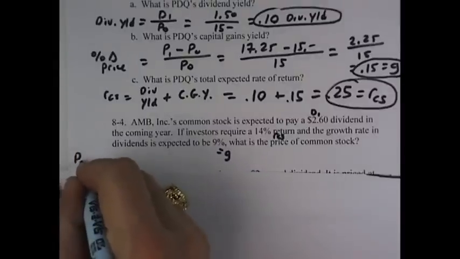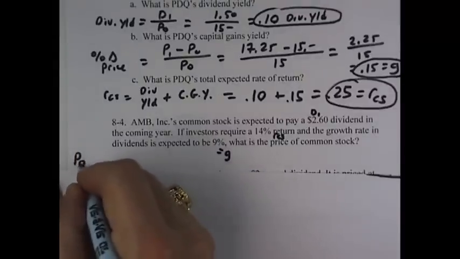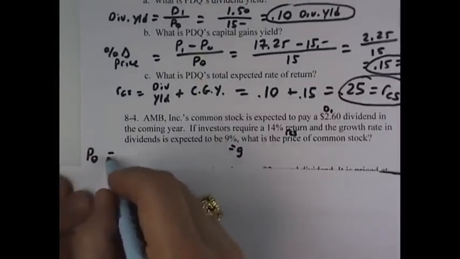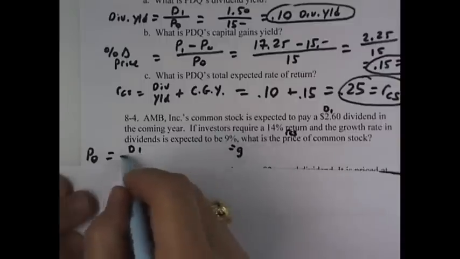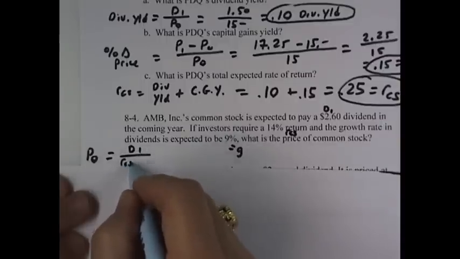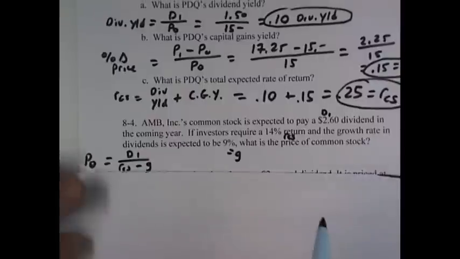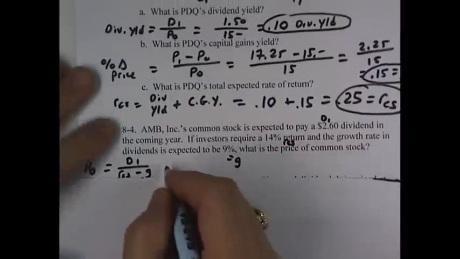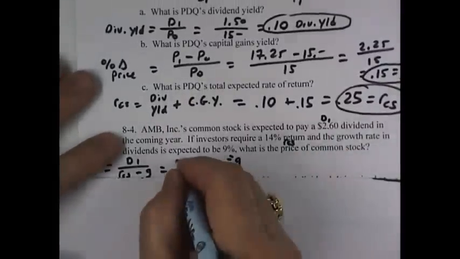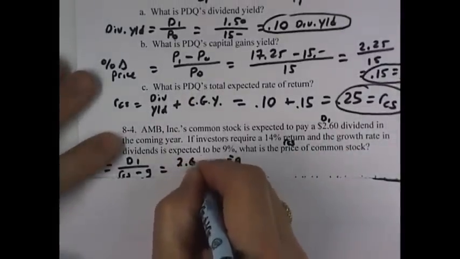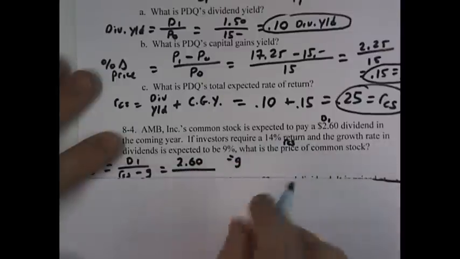On common stock, the price today, P0, is D1 over R minus g. So on this stock, I already have D1, $2.60.